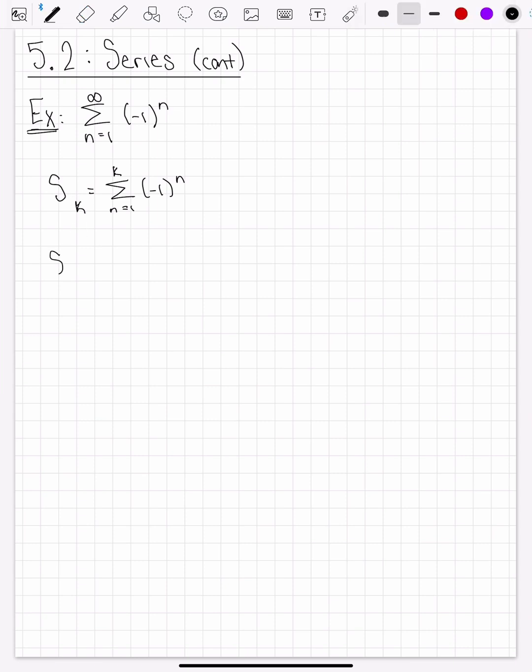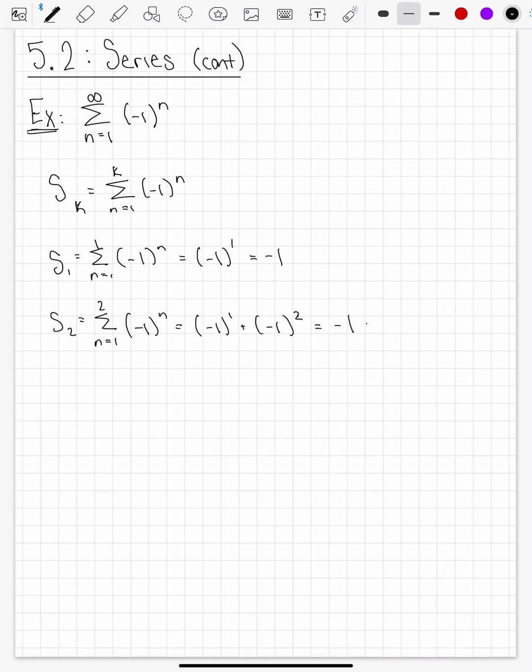So we do S1, which is just the sum from 1 to 1 of negative 1 to the n. So the only n I'm plugging in is 1. So that's just negative 1. And then S2 is the sum from n equals 1 to n equals 2 of negative 1 to the n. So that's negative 1 to the 1 plus negative 1 to the 2.